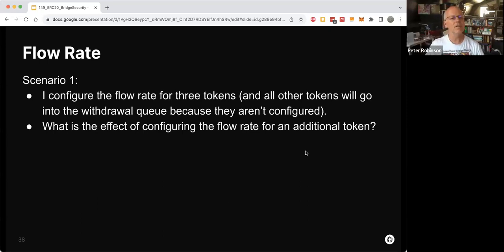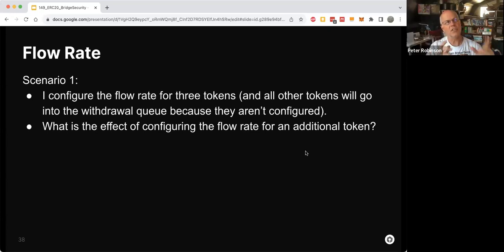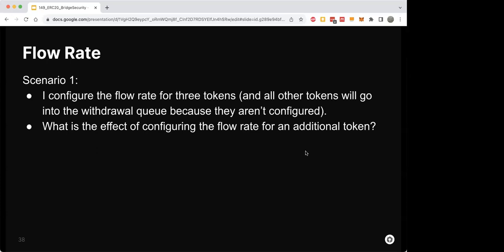Oh yeah, it doesn't necessarily add up to multiples of 1 million. Well, that's true. They can each be configured separately. So you would configure, say, 1,000 IMX, 200 ETH per hour, and 1 million Matic per hour. So they're each different values. Yeah, okay. All right.